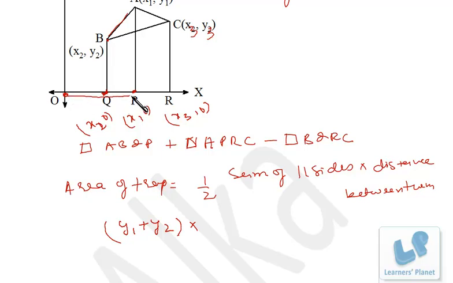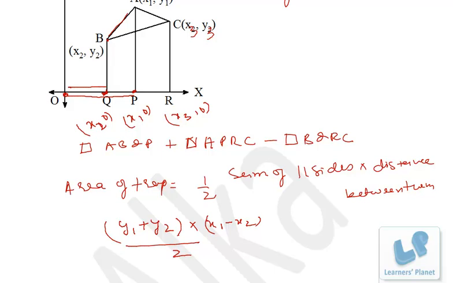So this length will be OP minus OQ, that is x1 minus x2, by 2. So this is (x1 minus x2) into (y1 plus y2) by 2, that is area of trapezium QPAB.